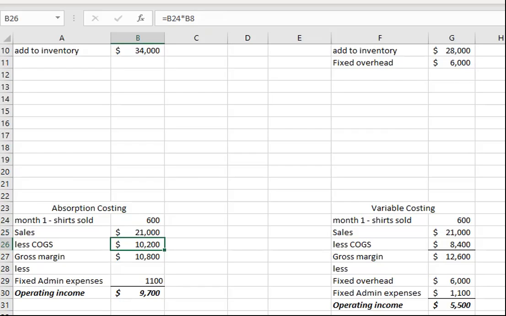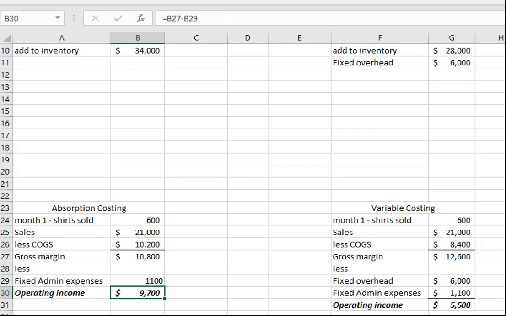So our gross margin for the month would be $10,800. Now, with the absorption costing method in this example, all our expenses would be the fixed admin expenses of $1,100. So our total operating income would be $9,700.